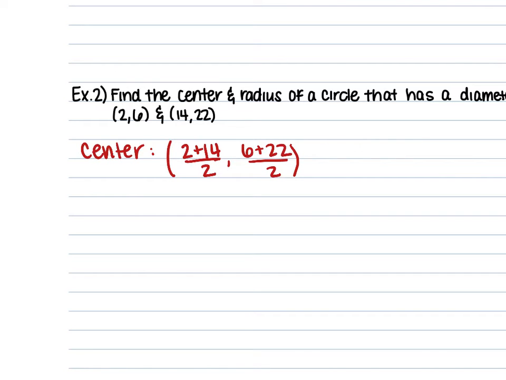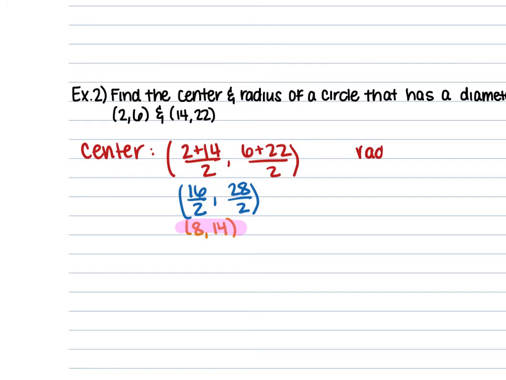If we simplify this, the 2 plus 14 is 16 over 2, and the 6 plus 22 is 28 over 2. 16 divided by 2 is 8. 28 divided by 2 is 14. So our center point is (8, 14).